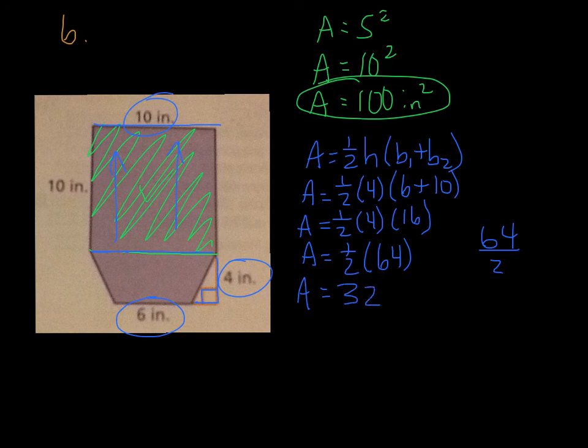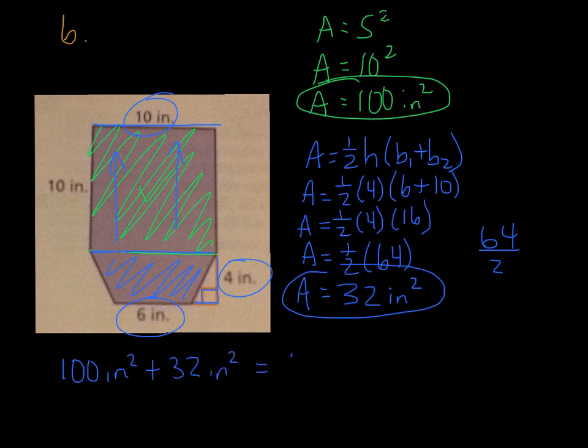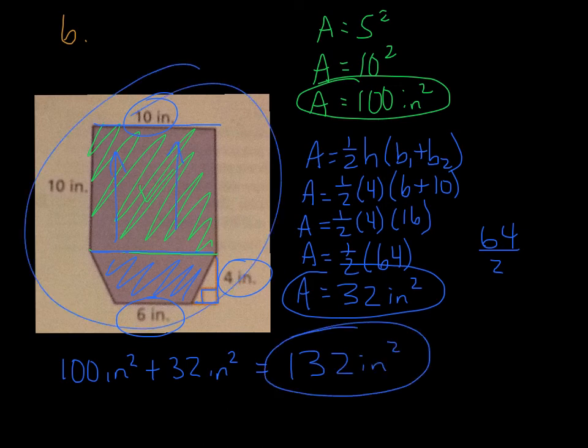Should come up with 32 inches squared. So now I found the area for this shape right here. Now what I need to do is add my 100 inches squared plus my 32 inches squared. I should get 132 inches squared for my total area of this composite shape or figure.